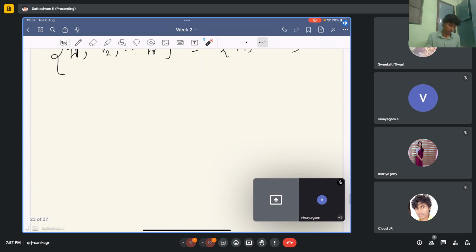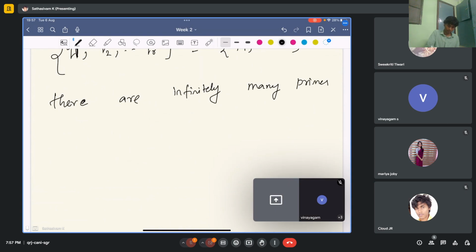Now what we know is that there are infinitely many primes. This is one of the very famous statements, one of the first statements that involves contradiction.